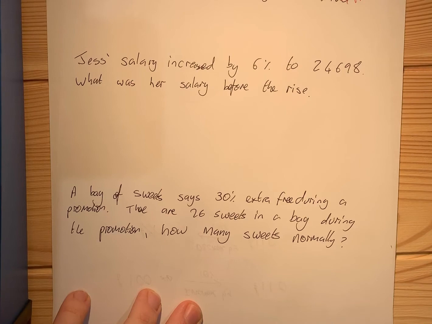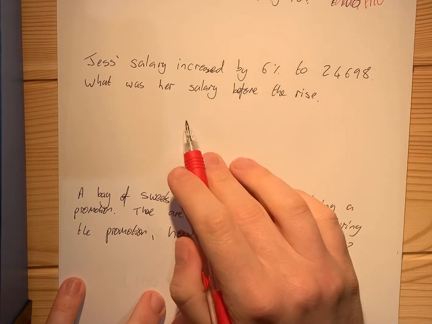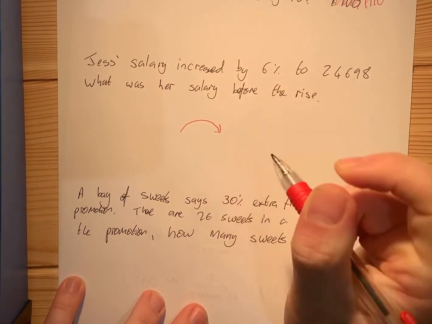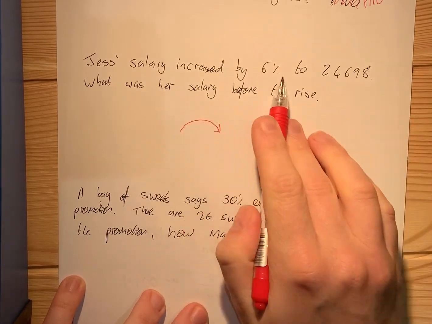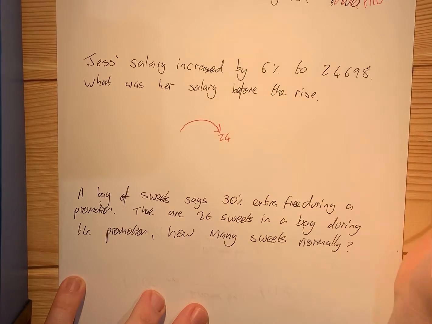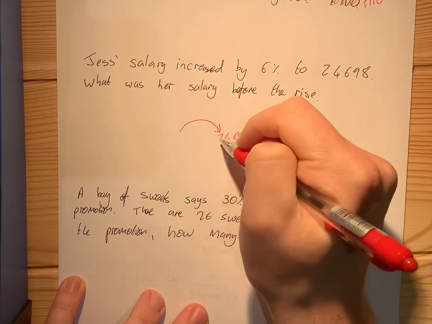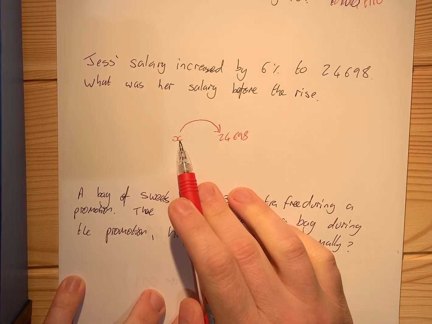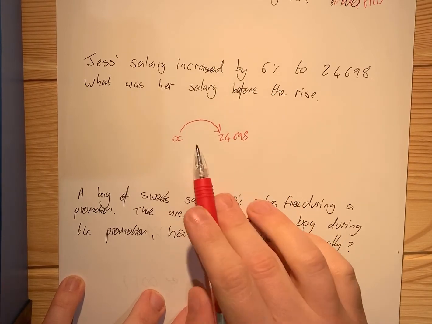So we had an amount, it increased, and after the increase it increased to 24,698. I want to know what we started with. That's how we know it's a reverse percentage question.